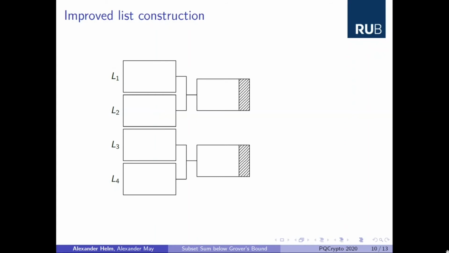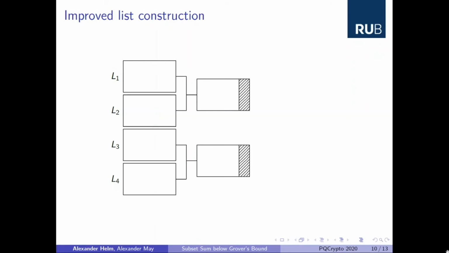For the algorithm of Schroeppel and Shamir, the domain S1 is represented as a Cartesian product of 4 base lists, so that we can represent every single element of S1 as a sum of 4 elements from the different base lists. The base lists can then be merged, and during every list merging, a condition on the last bits has to be fulfilled to filter out some elements.